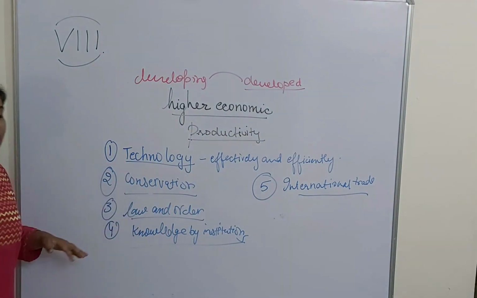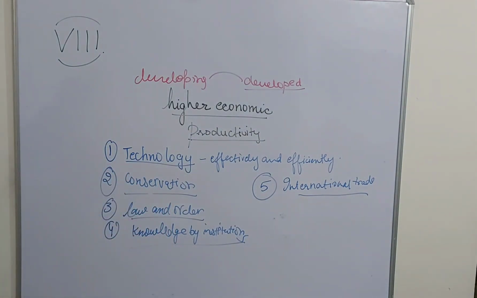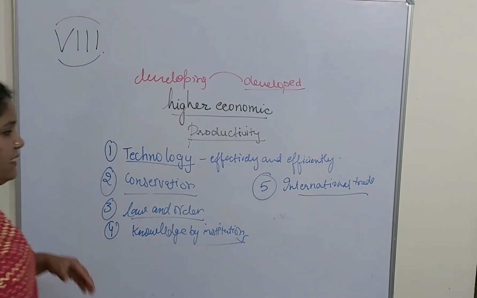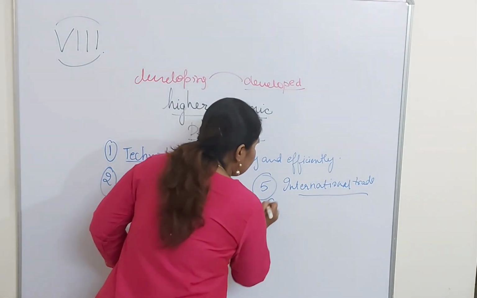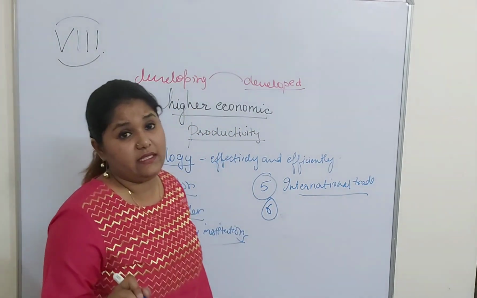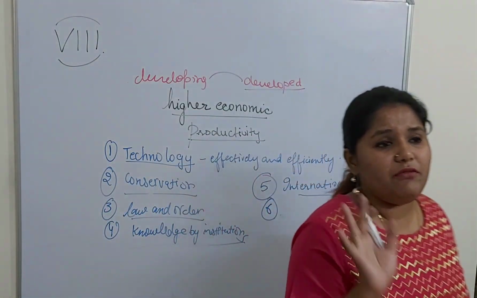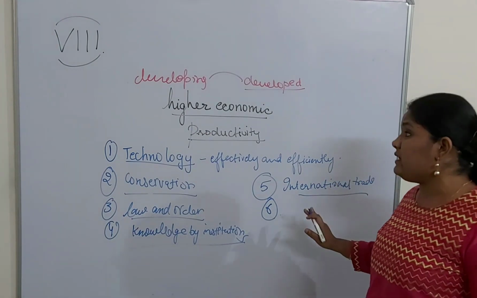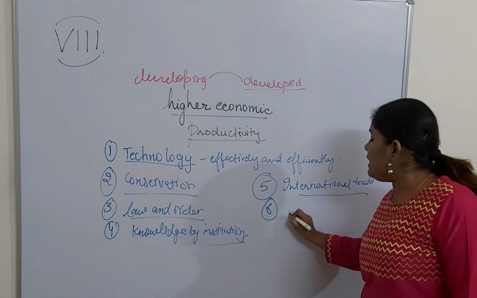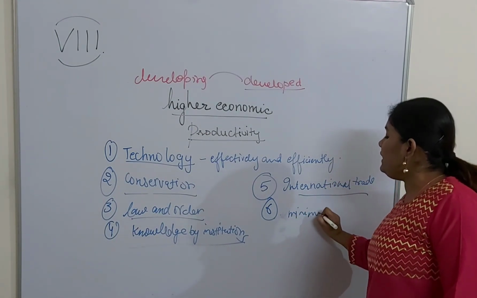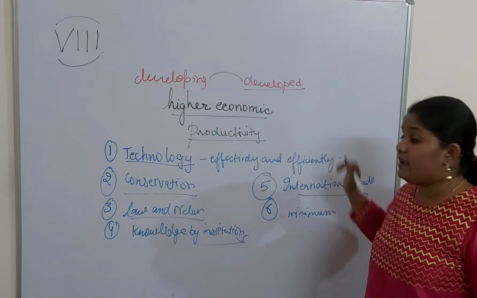The fifth factor is done. The sixth factor, what it says, is just similar to conservation. The sixth factor says that there should be minimum wastage. That means minimum wastage of resources should be taken care of. If a country is aiming to become a developed country, there should be minimum wastage.